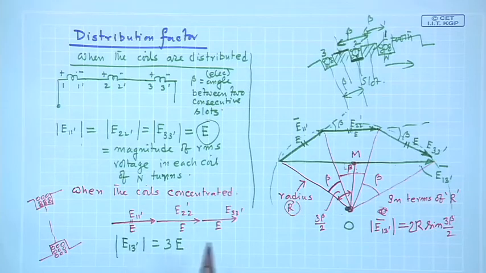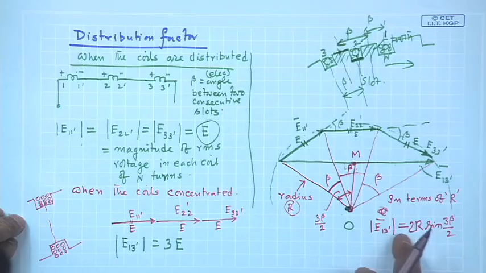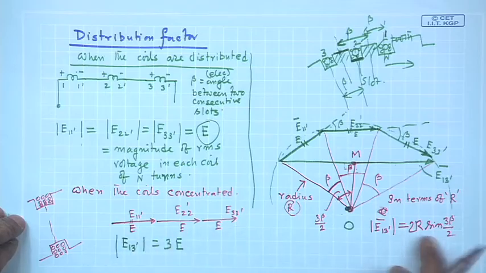Therefore, I have been able to calculate the resultant voltage when the coils were not concentrated, that is distributed. This is the resultant voltage when the coils are concentrated, and this is the resultant voltage when the coils are distributed.